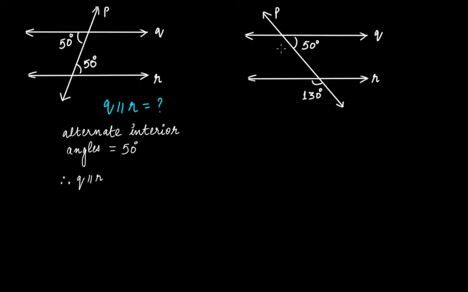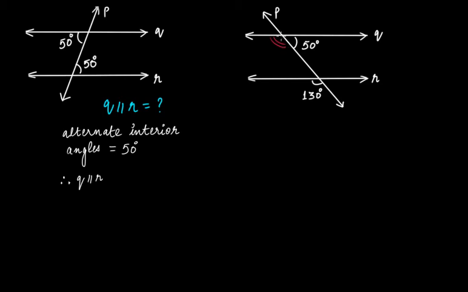Okay. If you look at these two lines Q and R, and this is a transversal, in this case P. Now the information given to us is that this angle is 50 degrees and this angle is 130 degrees. Now tell whether these two lines Q and R are parallel or not. To tell this, just focus on this angle, 50 degrees.